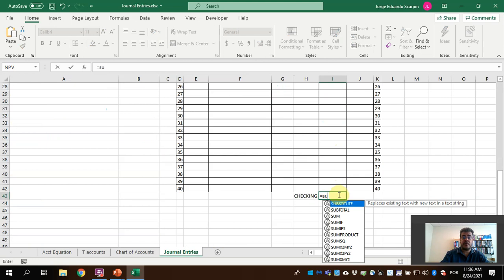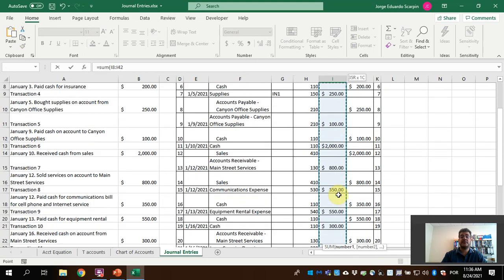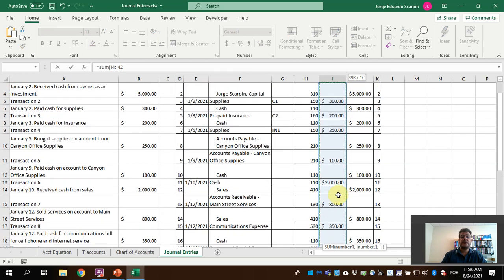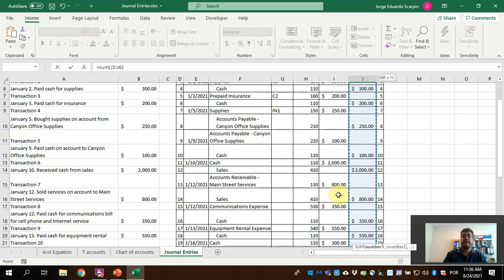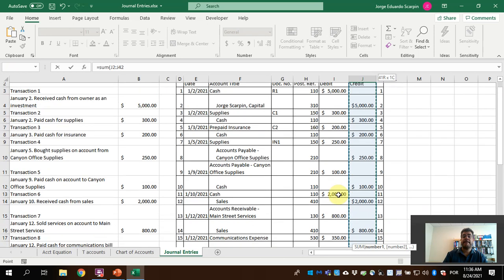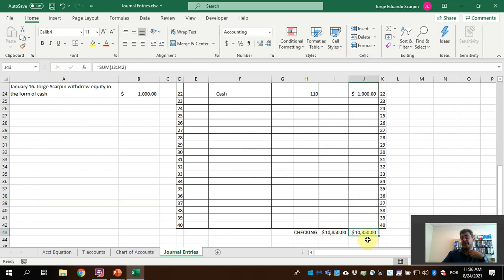So here equals sum all of our debits to 1. 10,850, sum of our credits 10,860. So apparently we are good here. So no major problems here, so no two debits or two credits or wrong numbers in debits and credits.